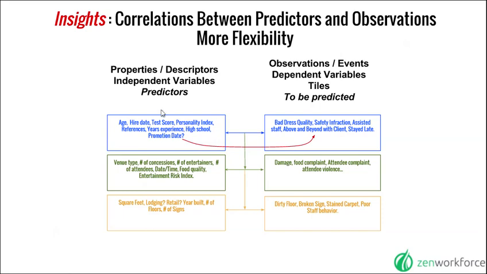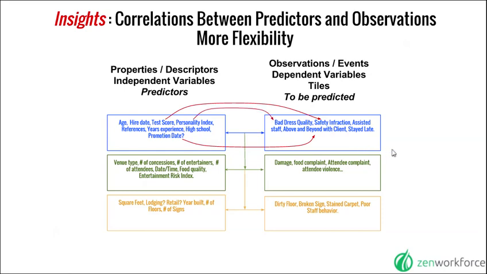Here we're going to look at something like promotion date and see that maybe the promotion date was predicting that employee might be really stellar and go above and beyond with a customer, doing customer service. Or maybe the test score that this person got wasn't so great and it might indicate a safety infraction.